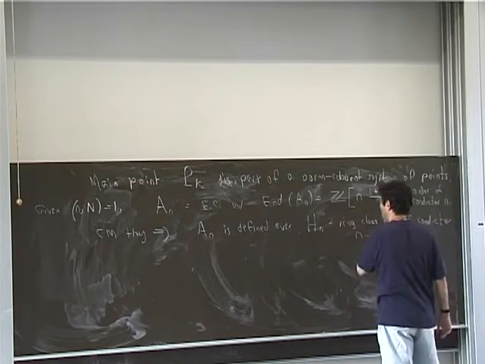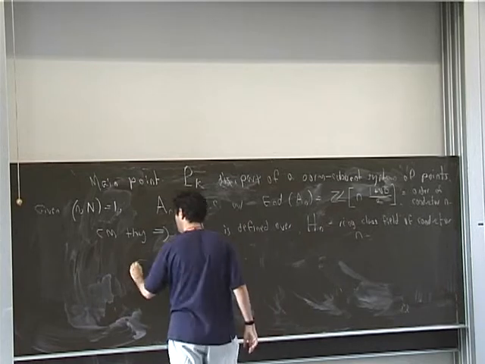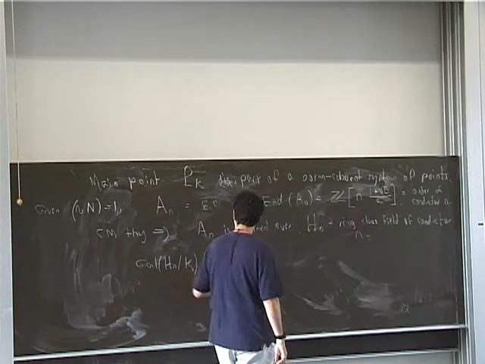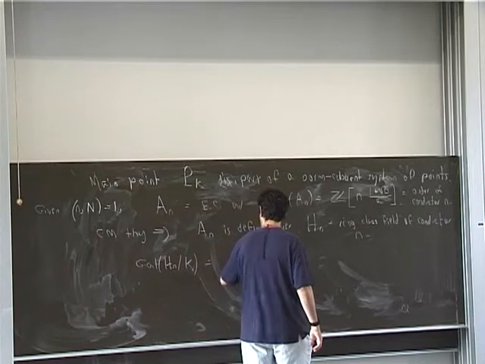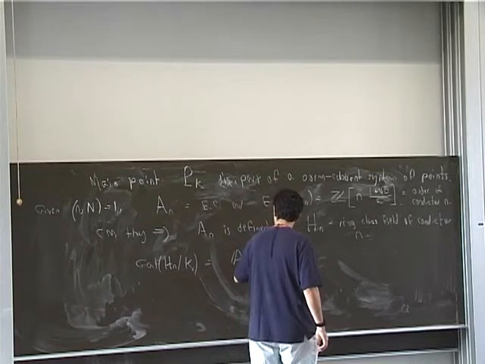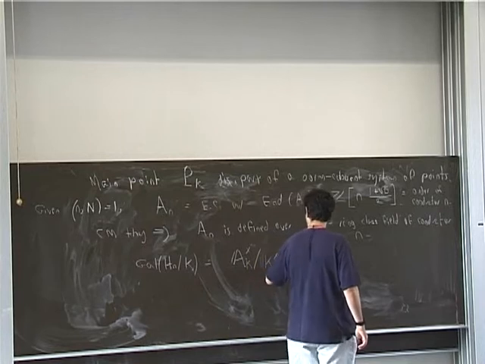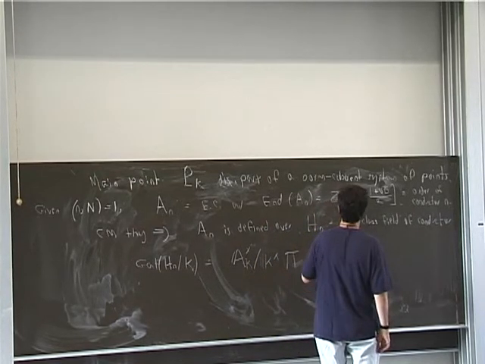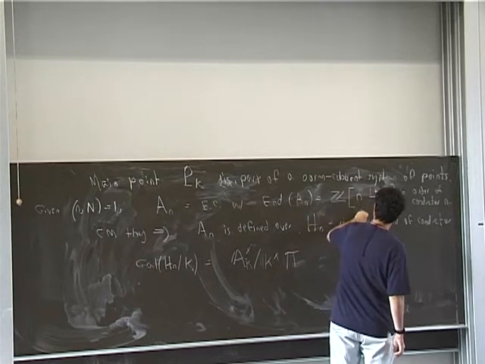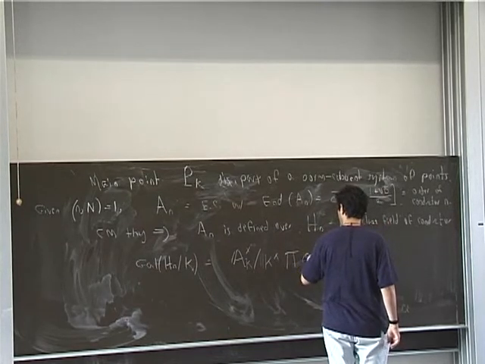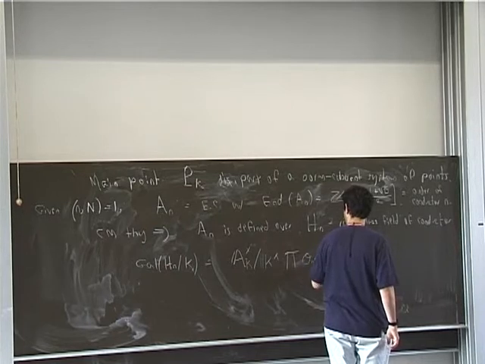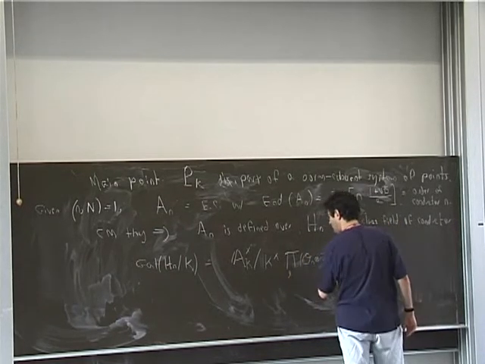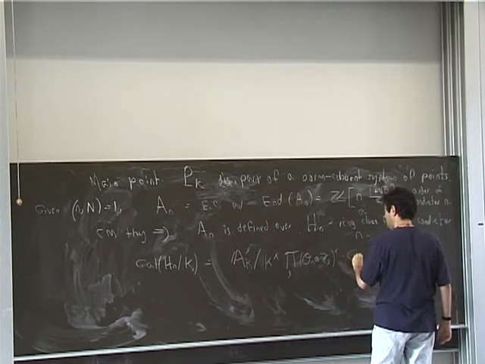So in terms of class field theory, the Galois group of H_n over K is identified with the ideals of K, modulo K star, modulo the product of the, let me give a name to this order, let me call it O_n, the product of the O_n tensor Z_l star, product over all rational l, times C star, I guess.